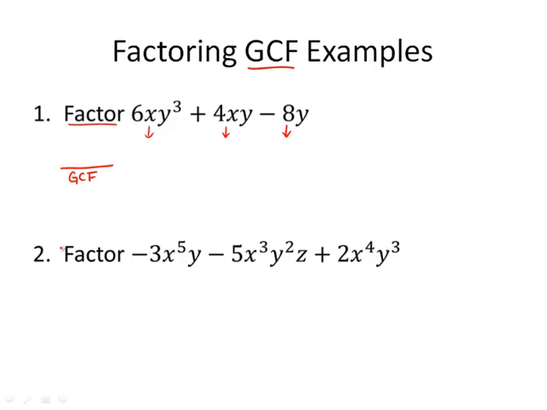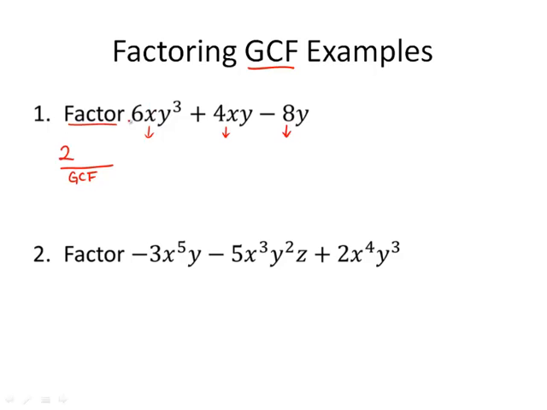What is the greatest common factor of 6, 4, and 8? Greatest common factor of that is 2. We can divide 6, 4, and 8 by 2, and that is the biggest number we can divide them all by. Let's take a look at the variables.